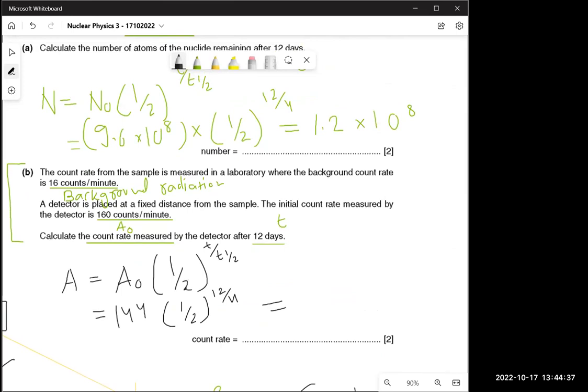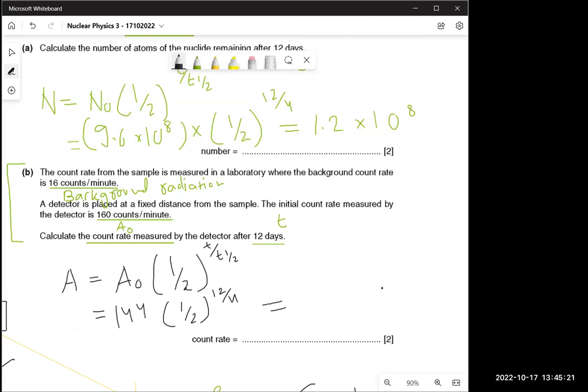So 144 into 1 half. Is it to the power of 12 divided by 4?